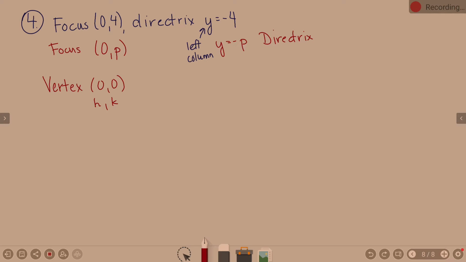By writing this out, I feel like I can see it now. The focus said (0, 4) and this focus is (0, p), so I see the connection there, that p is 4. Y equals -4 for directrix, and y equals -p according to the form. So those 2 pieces together tell me that p is 4.